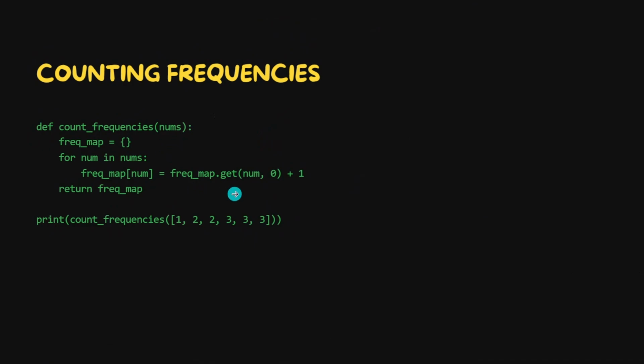The get method checks if the element already exists in the dictionary. If not, it returns 0 as the default value. We increment the count of each element by 1. Finally, we return the frequency_map containing the frequency of each element, and the output of this will be 1: 1, 2: 2, and 3: 3, as explained in the previous slide.